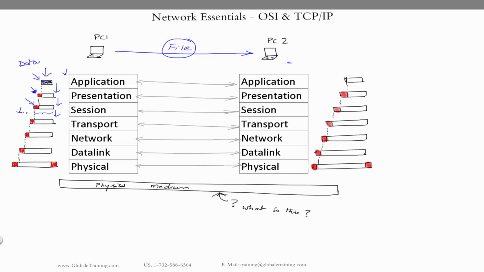The transport layer again adds a header similar to the layers above, and then it's passed to the layer below, which is network. Same thing, a header is added, and then the whole thing is passed to the data link layer. And the data link layer does the same thing, adds a header, passes it to the physical layer.